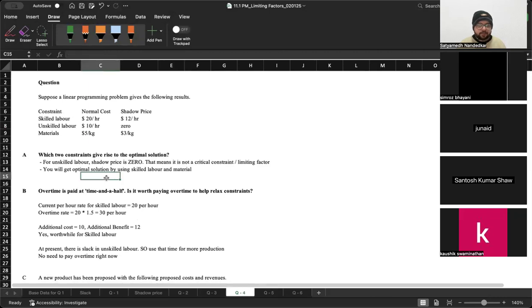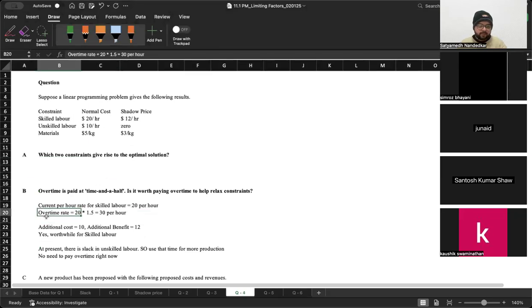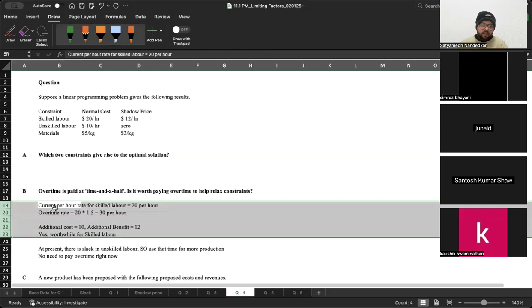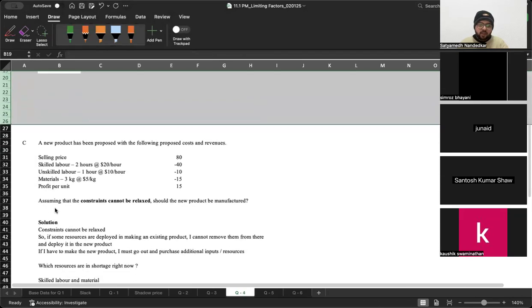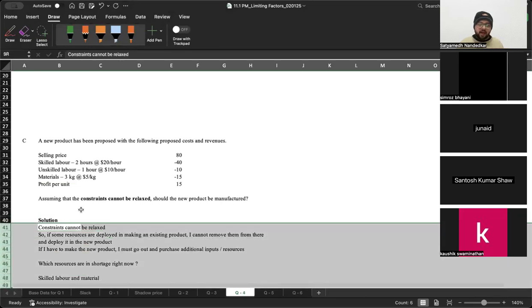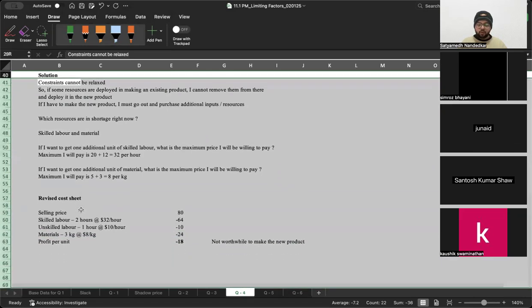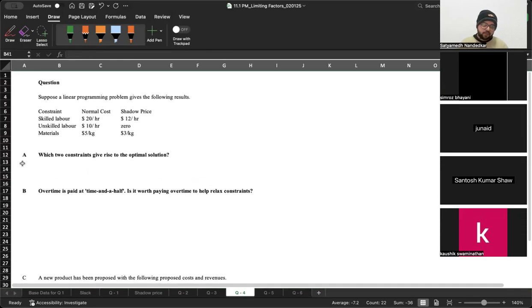This is a part of a section B question. Let's see how to approach this one. Suppose a linear programming problem gives the following results.